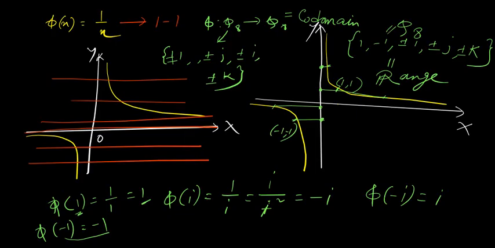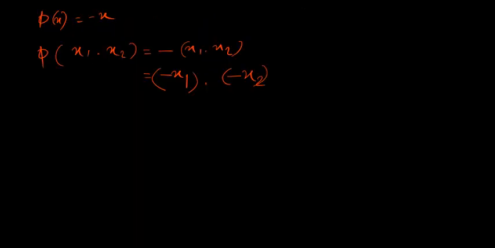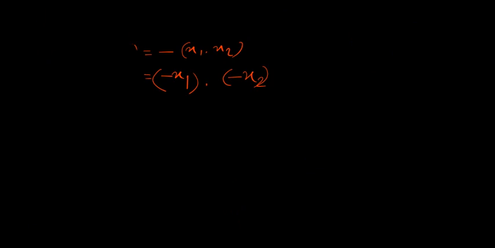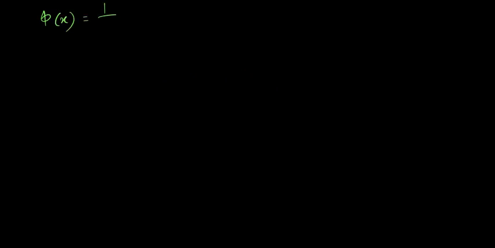Now we'll check whether phi is a homomorphism. Here phi of x equals 1 by x. Suppose x1 and x2 are two elements from the group Q8.